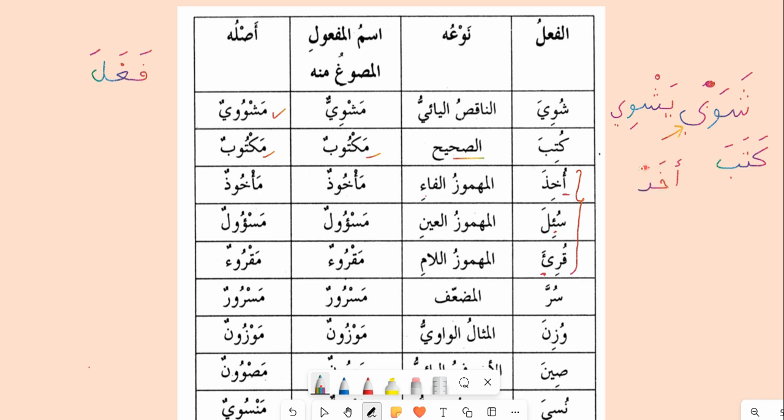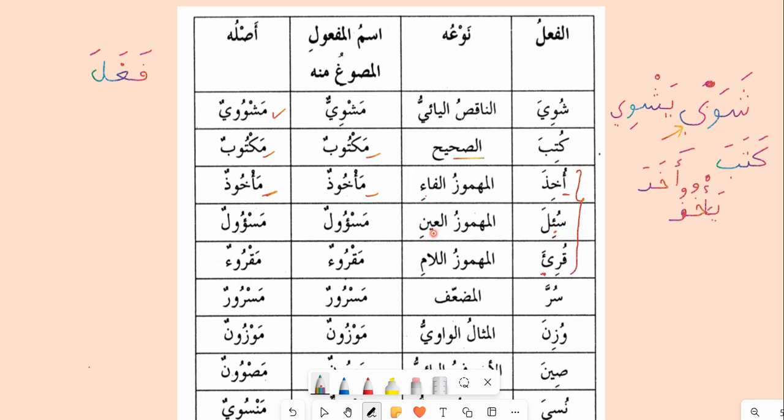So in this akhaza, it's akhadha. So this is the original triliteral verb, ya'khudhu. Ya'khudhu, like that. And then we have ma'khudhun. So we have the original scale for maf'ulun.